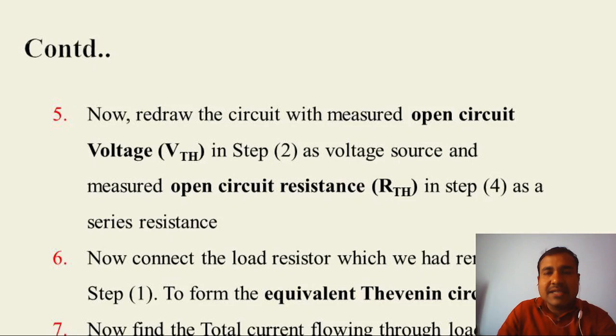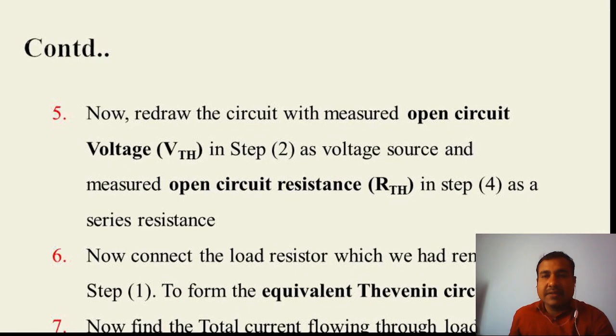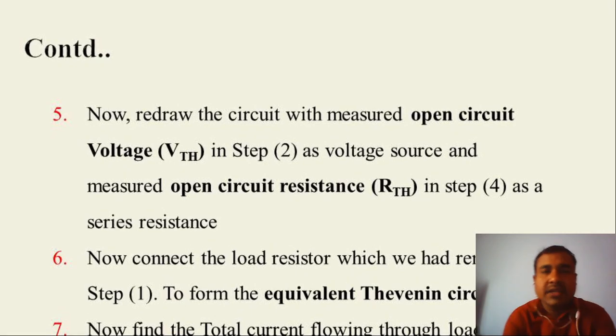So in the next step we have to redraw that circuit. That is Thevenin's equivalent circuit we have to draw. So we have to redraw the circuit, that is open circuit voltage VTH, open circuit resistance RTH, and the load resistance you have to connect back.